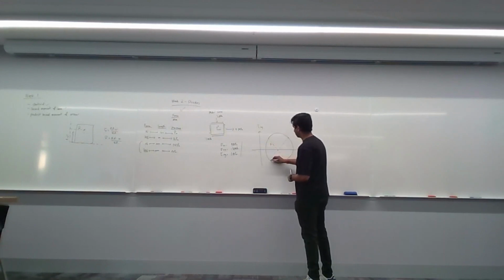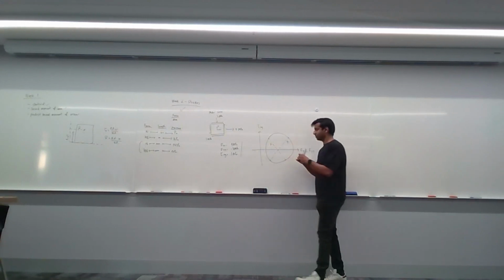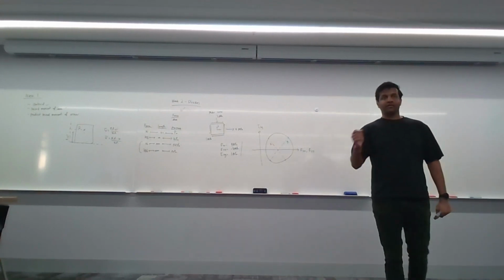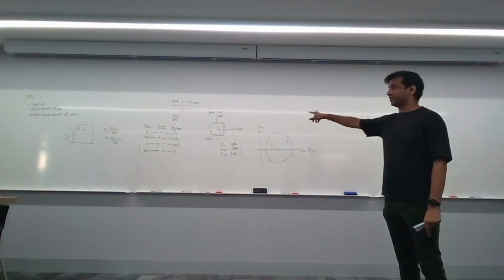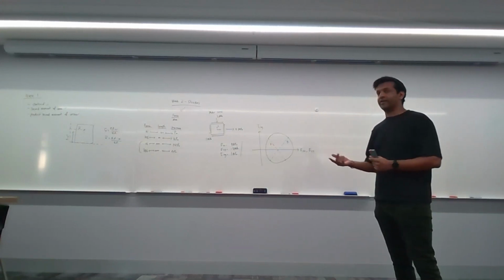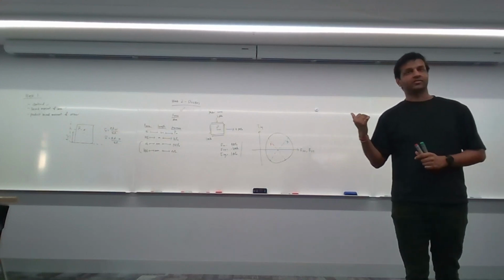Okay. I'm giving you two scenarios on the Mohr circle. There's scenario A and there's scenario B. For the stress block that you're seeing right now, can anyone tell me what scenario it is on the Mohr circle? Is it A or B?